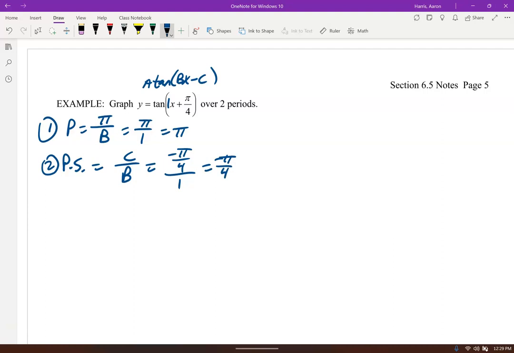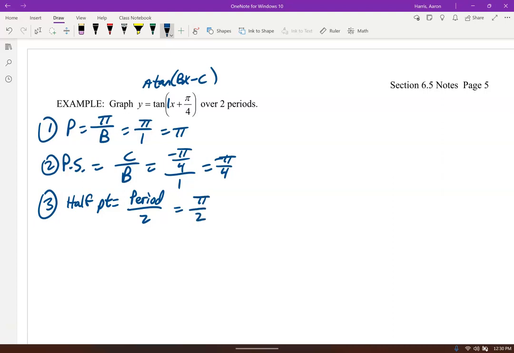And so what we'll do is, the third thing is we'll find what's called our half point. Okay? And so the half point is actually the period divided by 2. It's the period divided by 2. So in this case, our period is pi, so our half point is pi over 2.